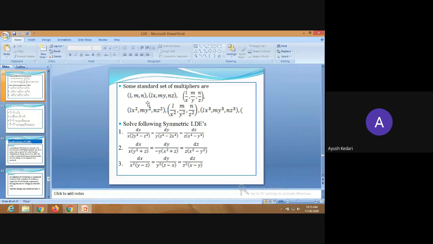I don't think 1, 1, 1 works, because that 2xy raised to 4 must be cancelled out with another minus 2xy raised to 4, and that is not there anywhere. Please check. I think 1, 1, 1 is not applicable. We are having 2xy raised to 4, and here also minus zy raised to 4.